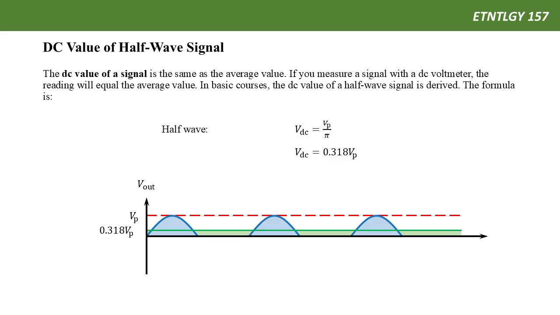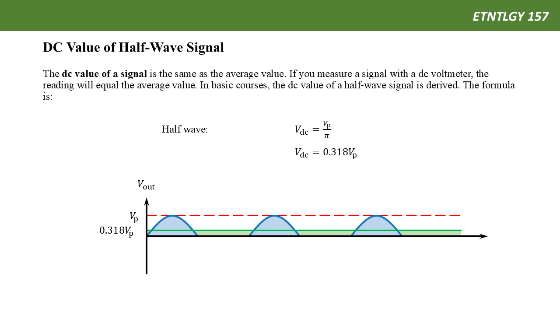This requires using calculus, but let's skip that derivation and just focus on the formula. The formula is that VDC equals the peak voltage of the original input sine wave, divided by pi. So you can also write this as Vp, whatever the peak voltage, divided by 3.1415926.